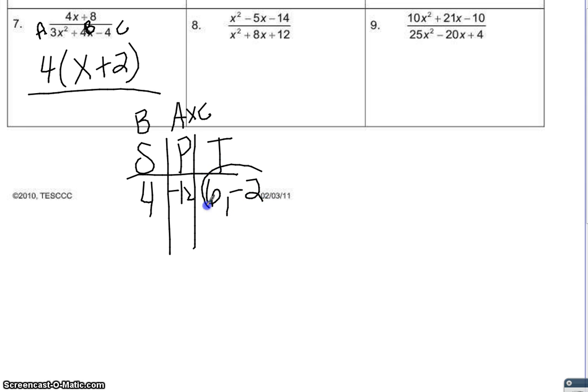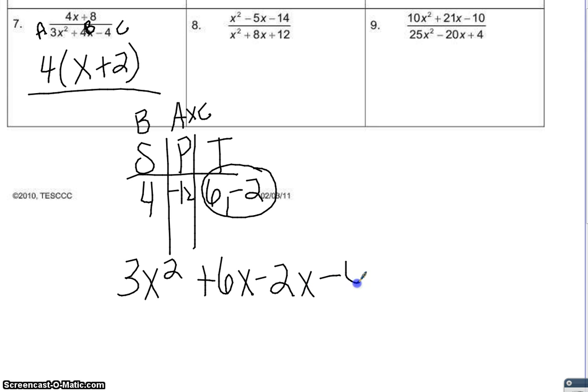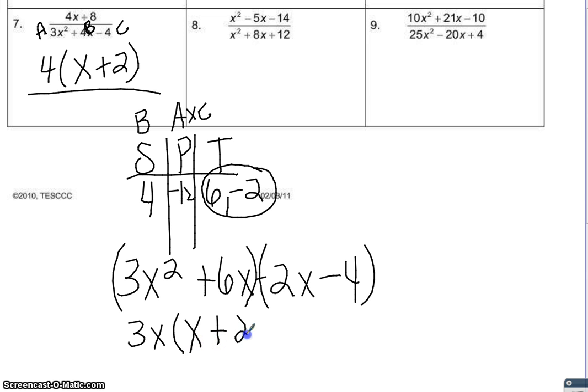Once I get these two answers, remember I'm going to do my rewrite process. So my A term stays the same. I'm rewriting my B term. So instead of plus 4x, I have plus 6x minus 2x, and then I have minus 4. My next step is grouping. So I group the first two and I group the last two, and then I'm going to factor. So I have a 3x in common in the first two terms. So I'm going to be left with x plus 2.